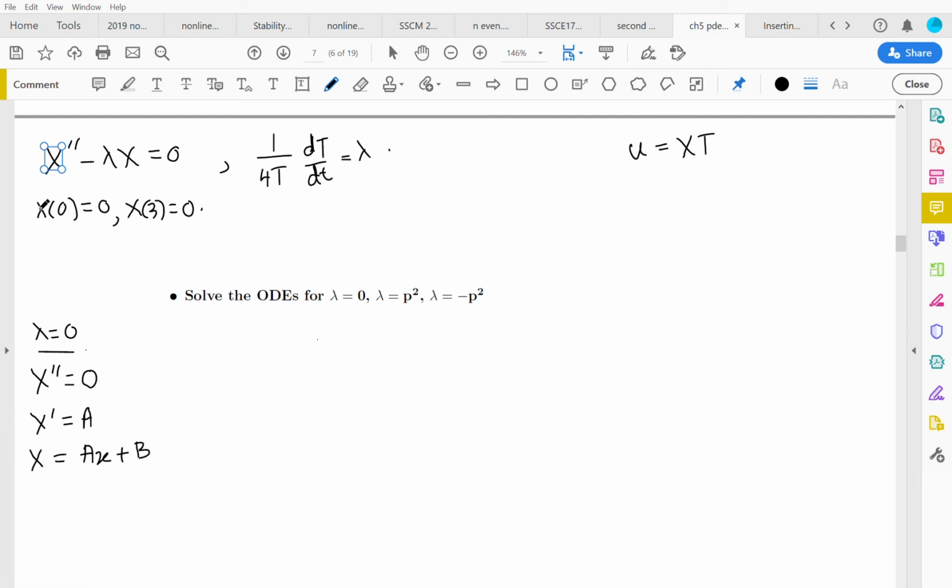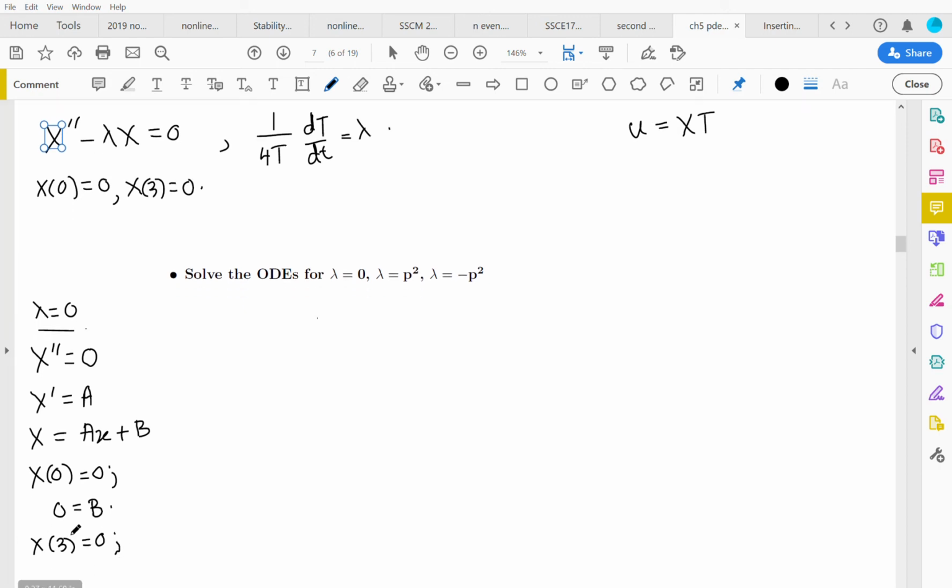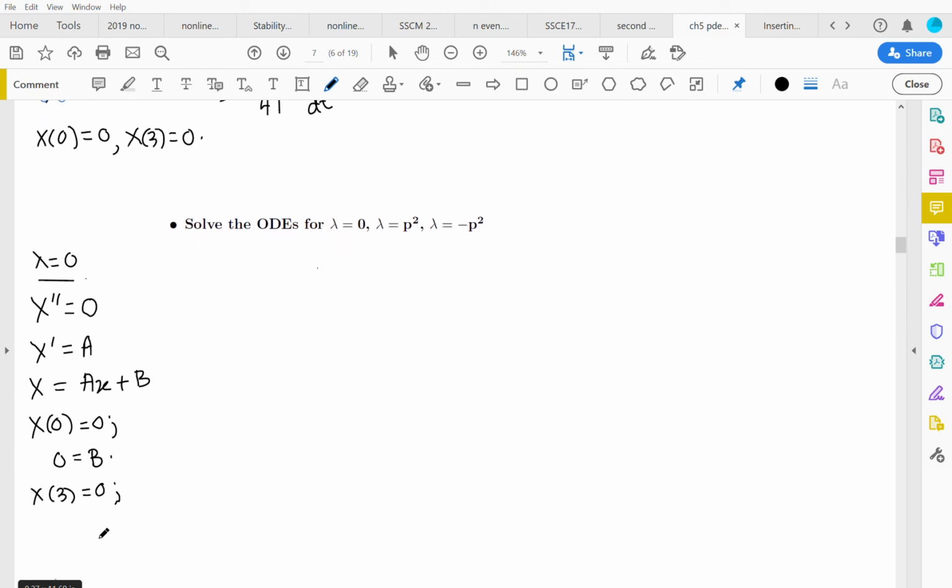Okay, we have the conditions. The first condition is X at point 0 equals 0. So using this means the value for small x is 0, the value for capital X is 0. So substitute in here, you will have 0 equal b. And for the second condition, X at 3 equal to 0, this means the value for small x is 3, the value for capital X is 0, so we substitute.